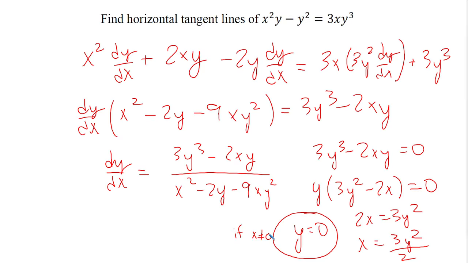Well, we need to plug that back into our original equation. So if x was 3y squared over 2, we started with x squared. So that'll be 9y to the 4th over 4 times another y. So that'll be 9y to the 5th over 4. And then we have the minus y squared that was already there.